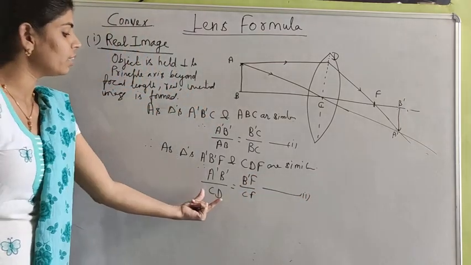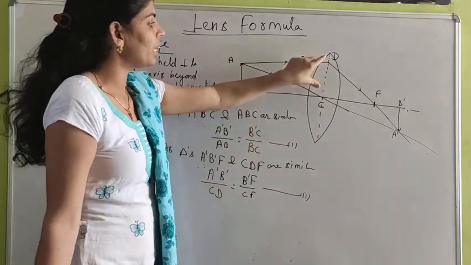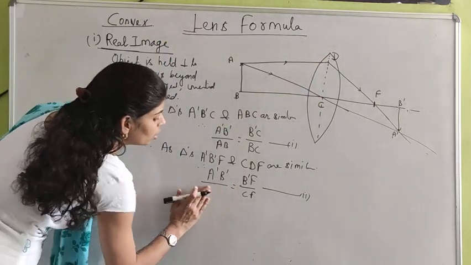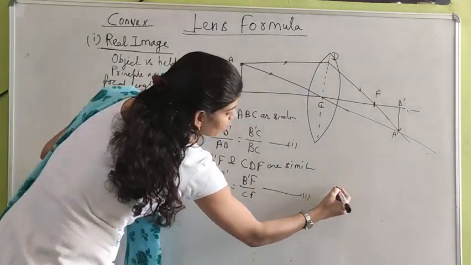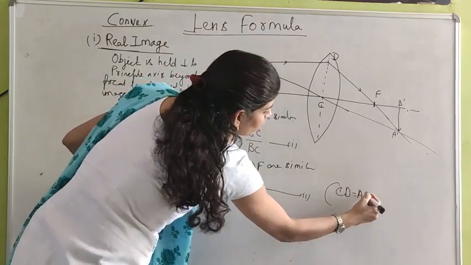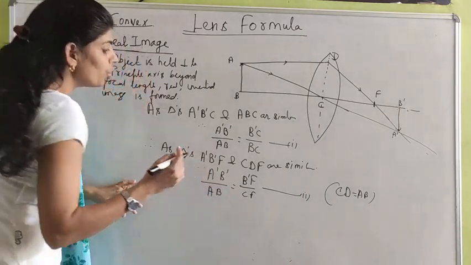Here you can see that the distance CD is equal to AB. So we can easily replace CD by AB. So here we will replace CD with AB.